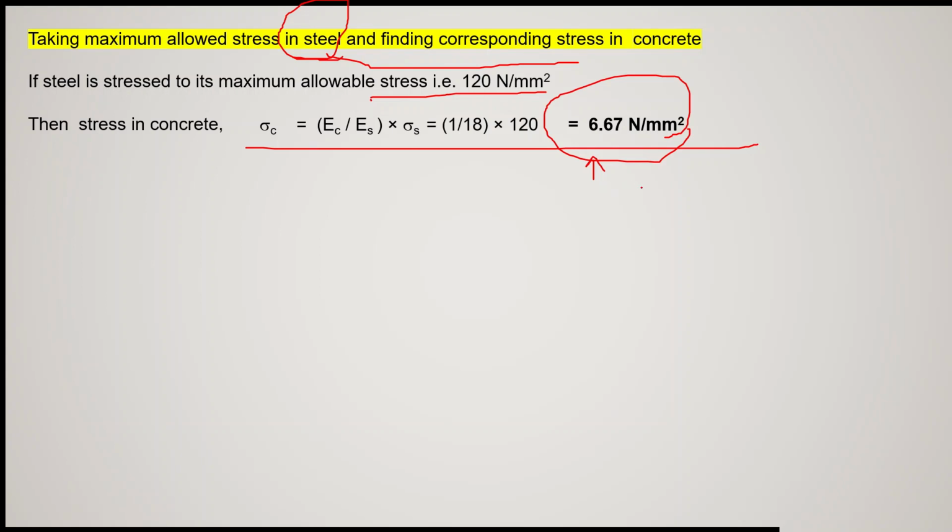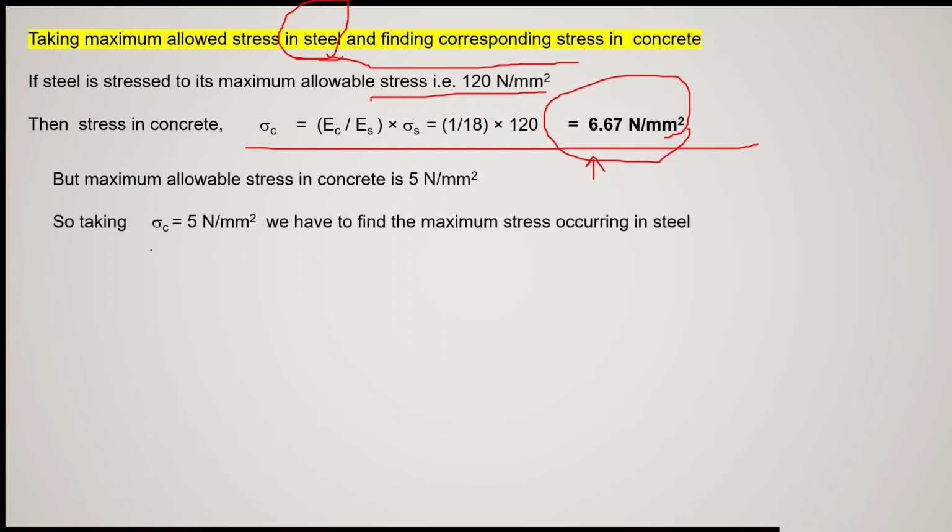So the maximum stress allowed in concrete is 5 Newton per millimeter square. And so, let us consider concrete reaching its maximum limit, that is 5. Now it is allowed only up to 5 Newton per mm square. We have to find the maximum stress occurring in steel.